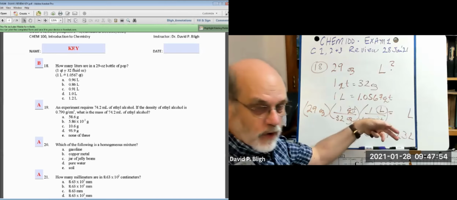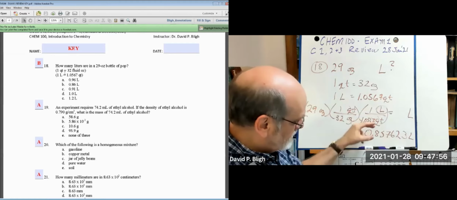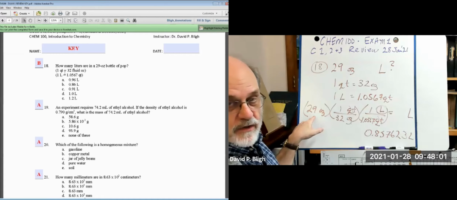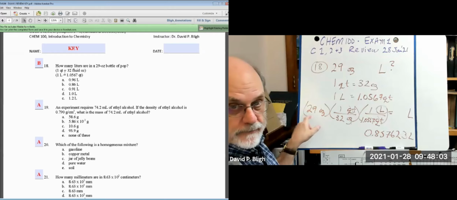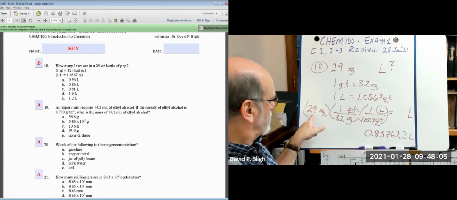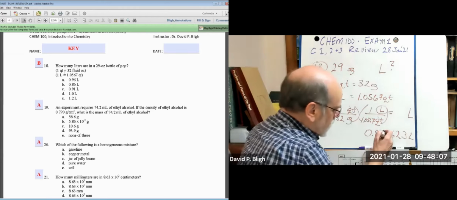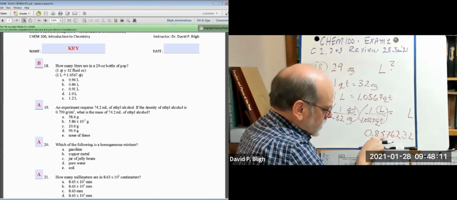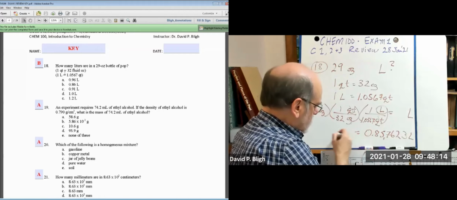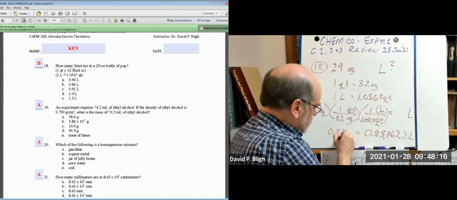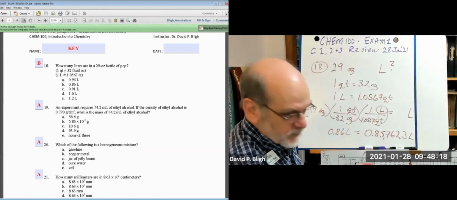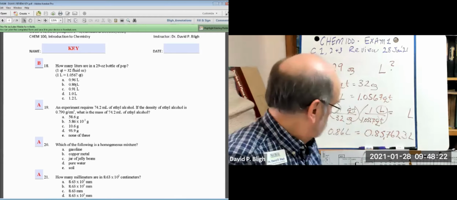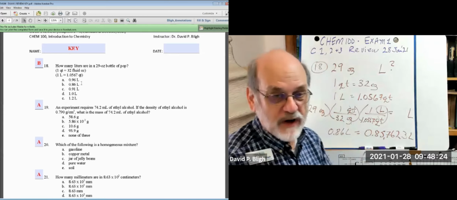So we go all the way to the end with our answer, and then we look back to the limitations on the first, where we started. 2 significant figures means we look right there. That one's 7, so this one has to come up to 6. 0.86 liters. Then we look and see, is that answer there? There it is right there. B, 0.86.